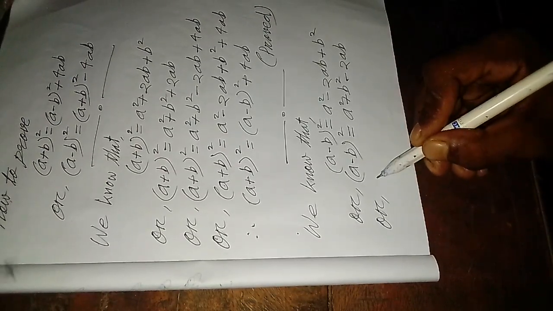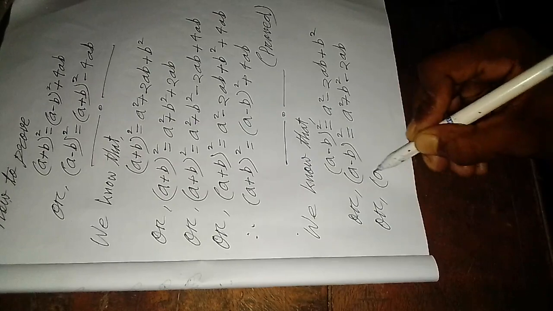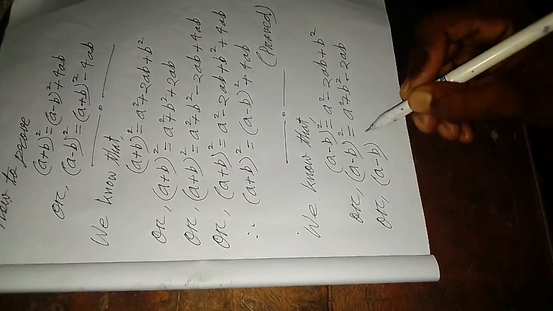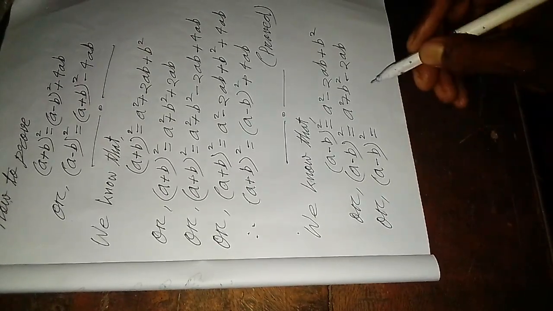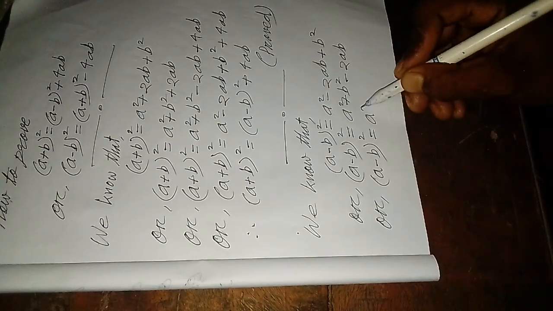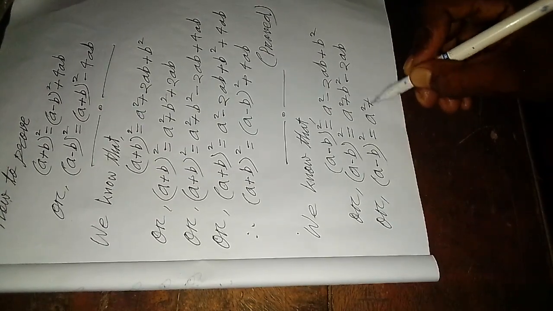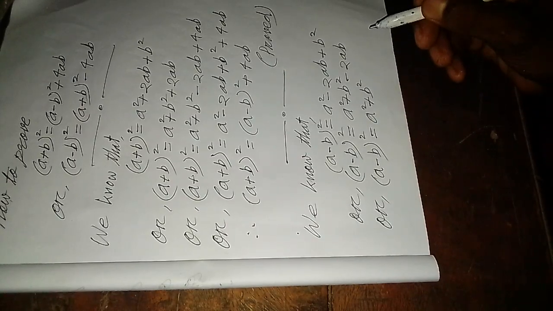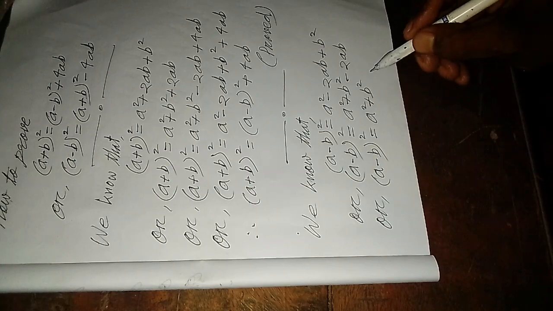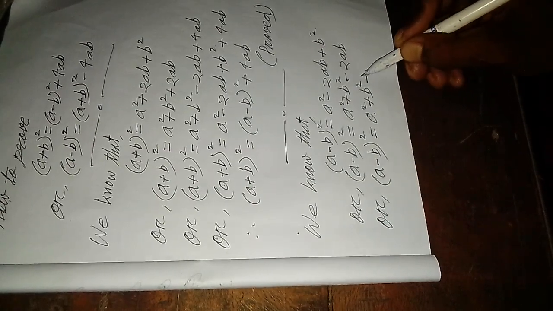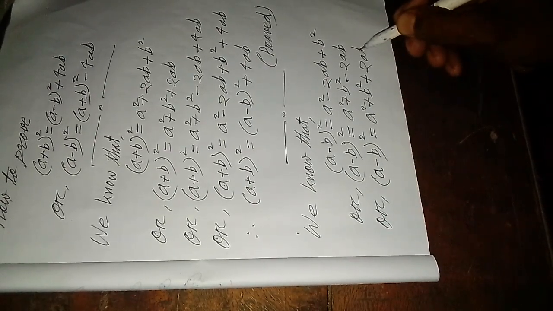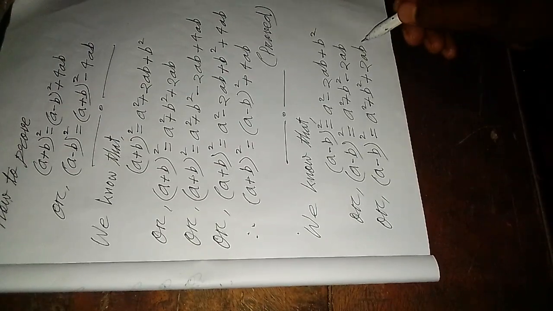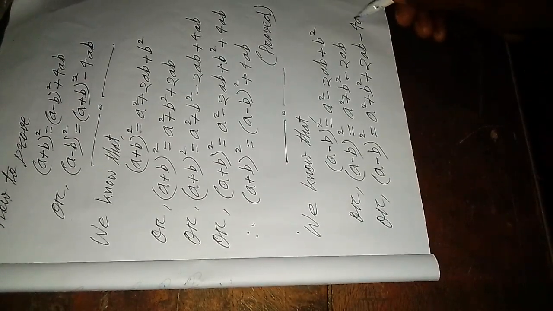or (a minus b) whole square equal a square plus b square plus 2ab minus 4ab.